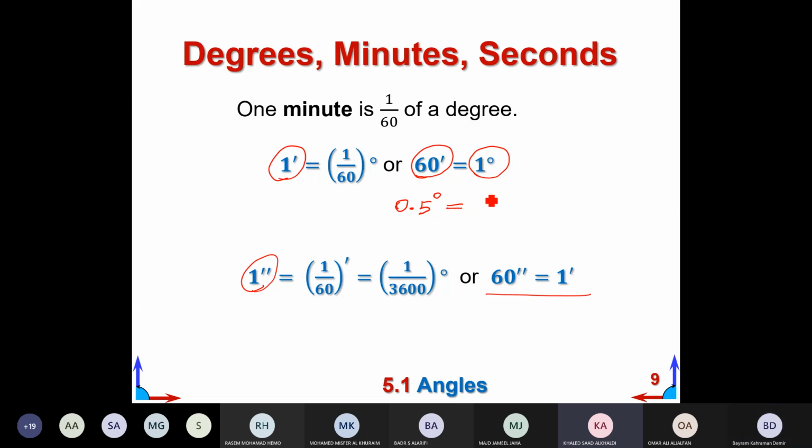Okay. 30. 30 what? Minute, right? Of course. Half hour is 30 minutes, Shabab. So half a degree is 30 minutes, right, Shabab? How about 0.25 degree? 15 minutes. Like this, Shabab.